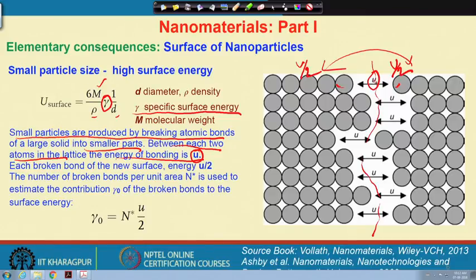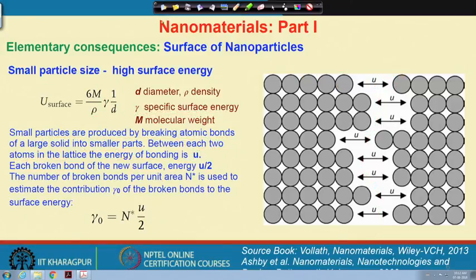For each broken bond of the new surface, the energy is U by 2 for each particle, and let the number of such broken bonds per unit area be n star.